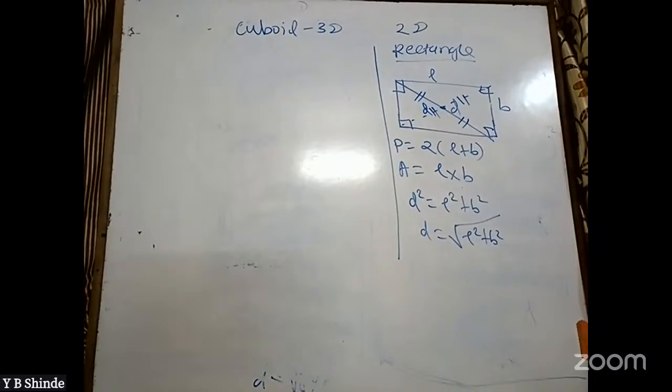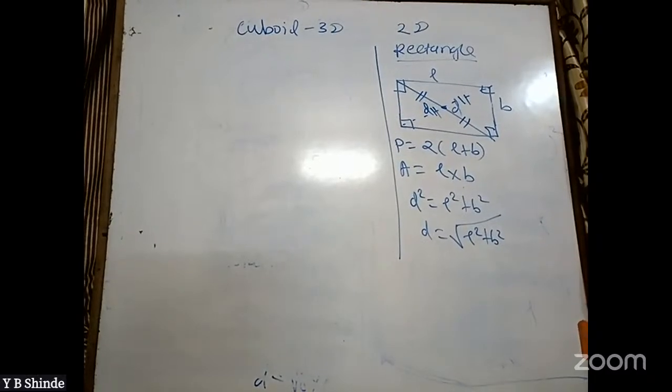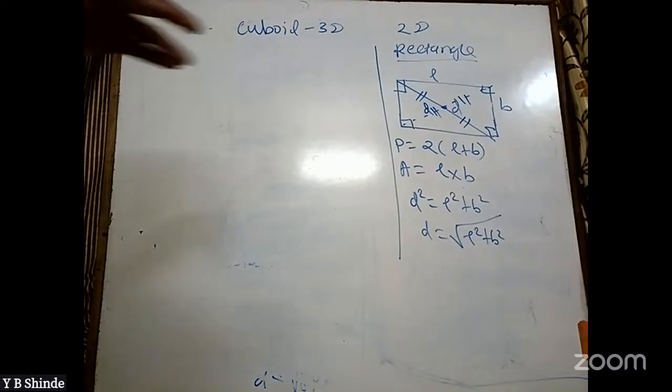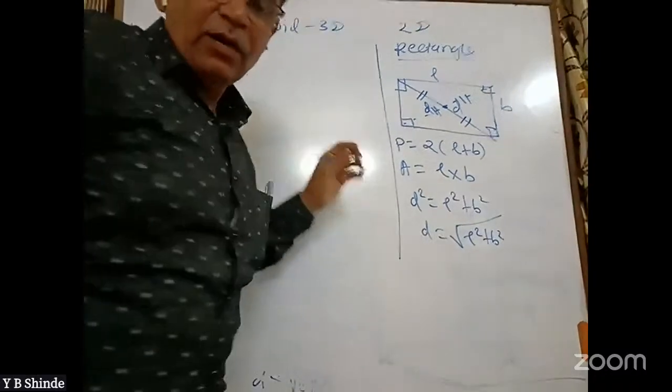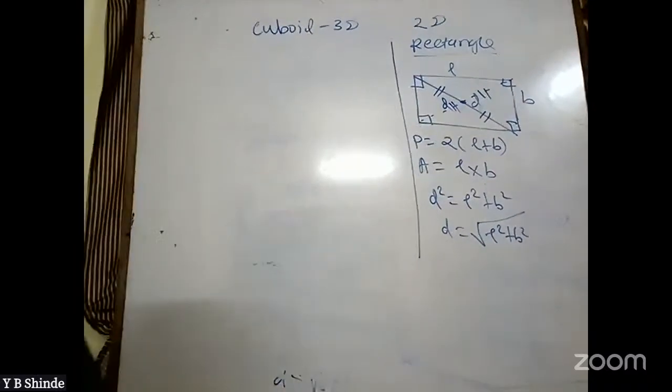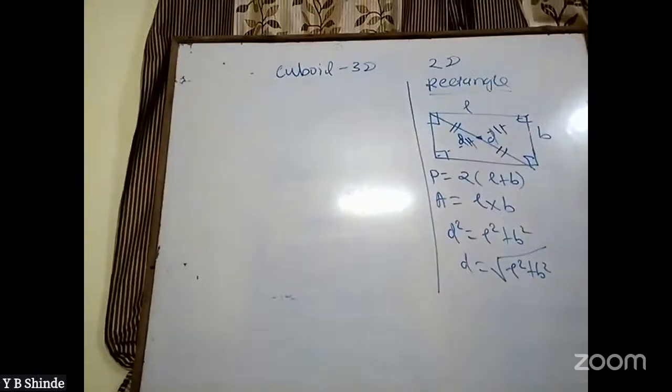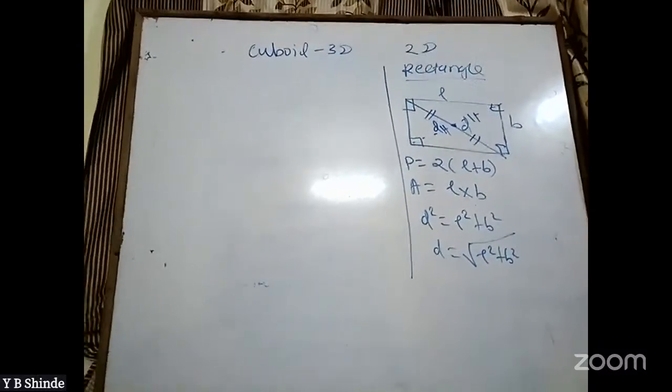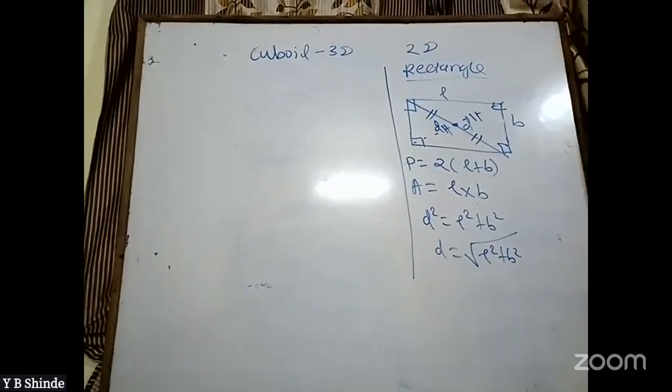Keep in mind. Each face of cuboid is what? A rectangle. How do we draw the cuboid? Very simple thing is to draw the cuboid and cube.